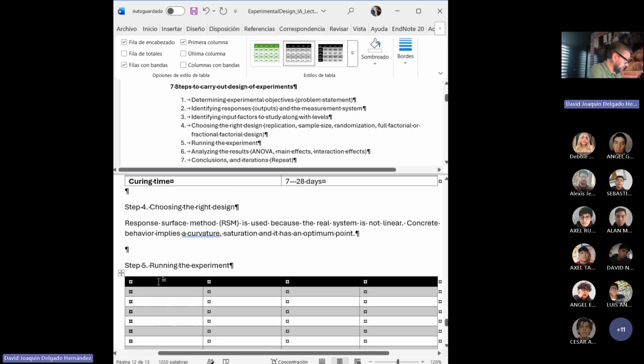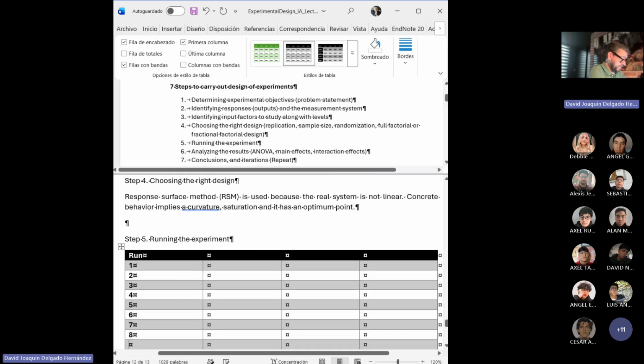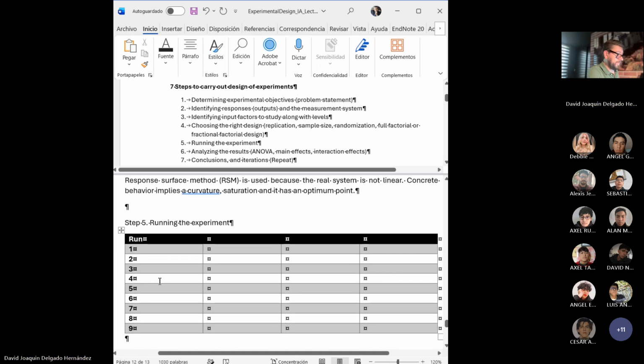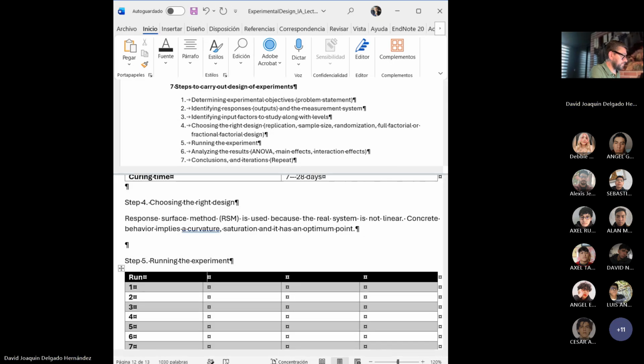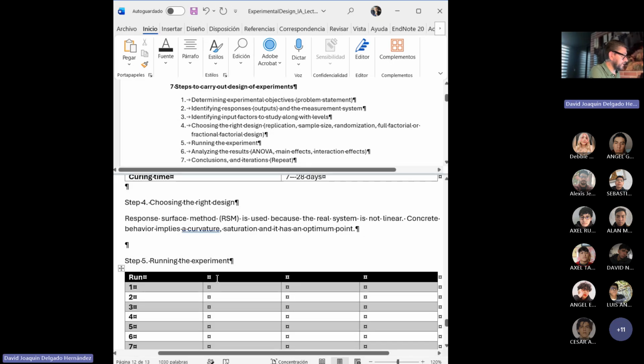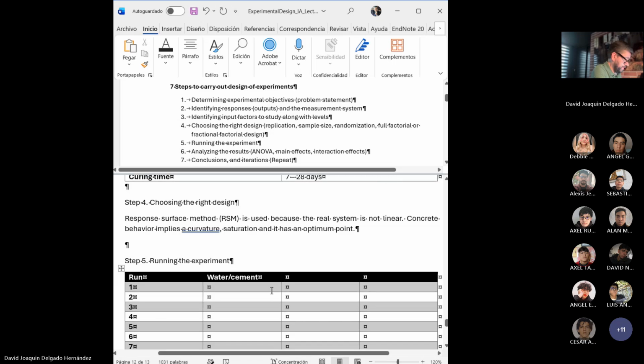Okay, so let us put the run number 1, 2, 3, 4, 5, 6, 7, 8, 9, and that's it. Then I am going to have here the water cement relation, which is water cement. And here I am going to have the curing time. And finally, I am going to have the strength.